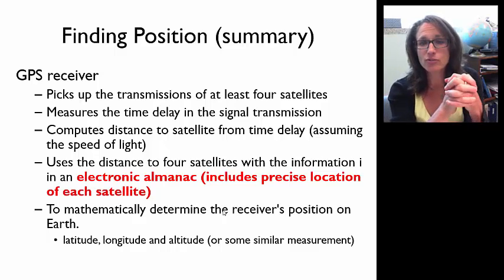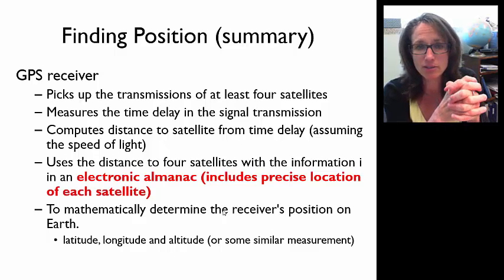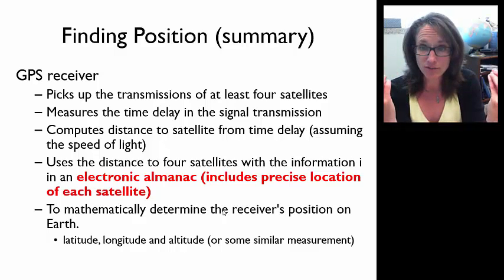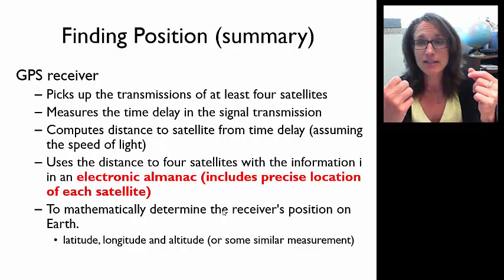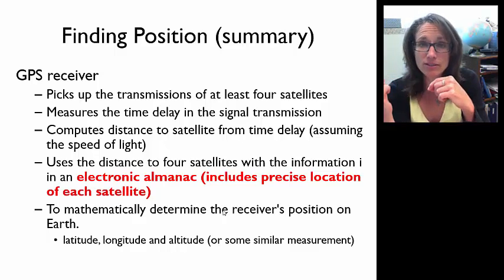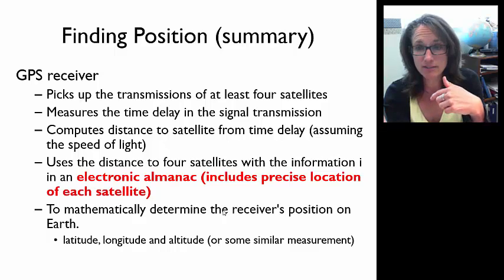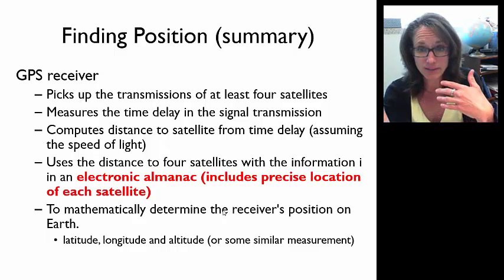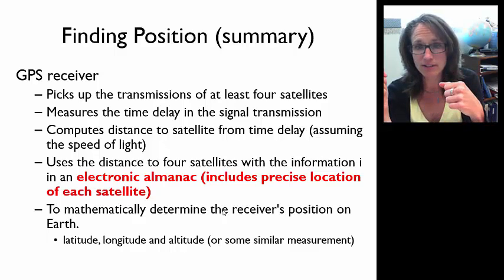So just to wrap this up, our GPS receiver picks up transmissions of signals from at least 4 satellites. It measures the time delay in the signal transmission. It uses that time delay to compute the distance from the GPS receiver to the satellite, assuming that the signal is traveling at the speed of light.